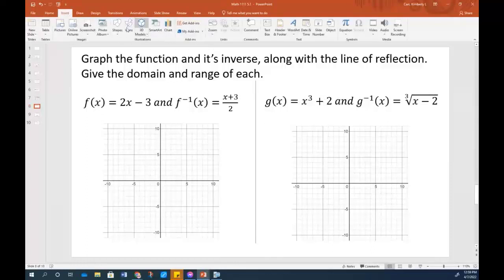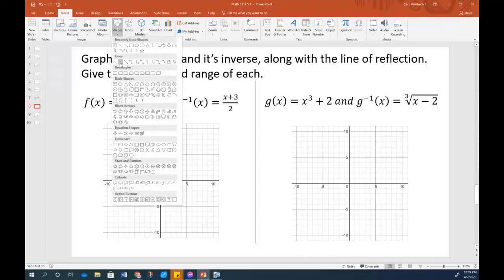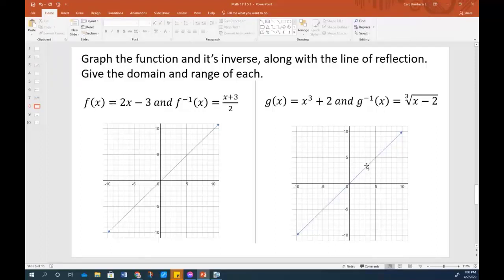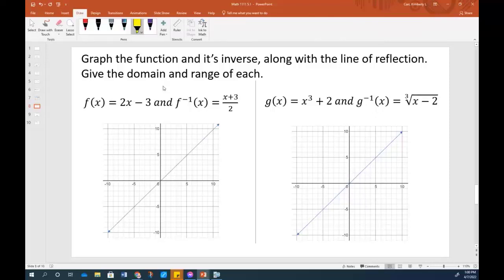Now, in order to do that line of reflection, I'm actually just going to insert a line here so that you can see it. So now we see I have that line of reflection. What is my graph? This one will be a little bit easier for me because this one is a line. So when I graph that, I know it goes to the y-axis at -3. And then it has a slope of 2. So it's going to go through those 2 points.